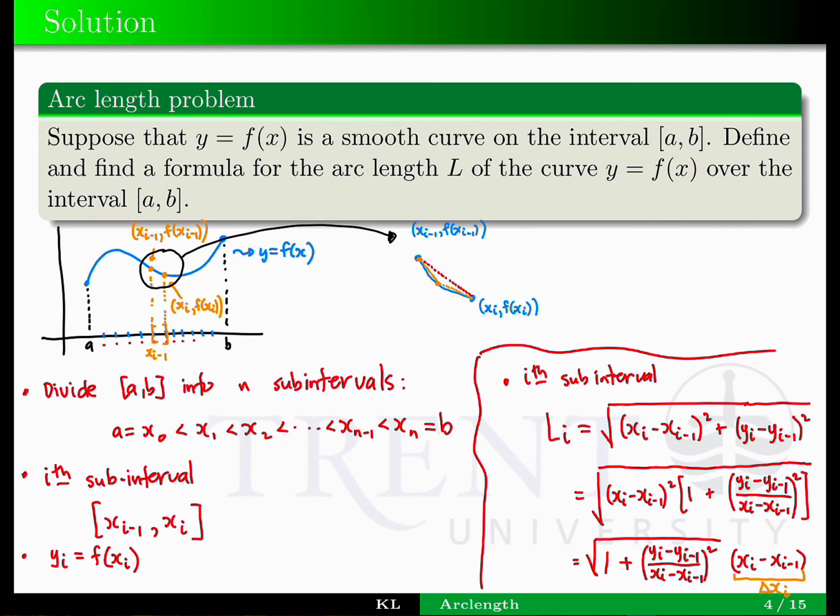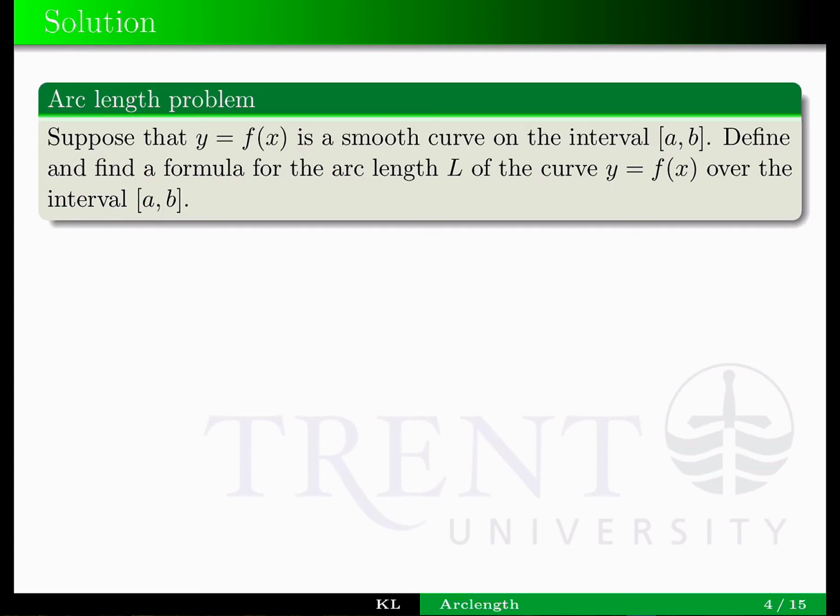So far, we have the following: L sub i equals the square root of 1 plus (y sub i minus y sub i minus 1) divided by (x sub i minus x sub i minus 1), quantity squared, times delta x sub i. Now, from this point, we will need the condition that the function is smooth.